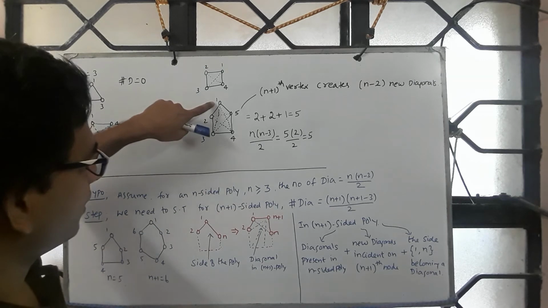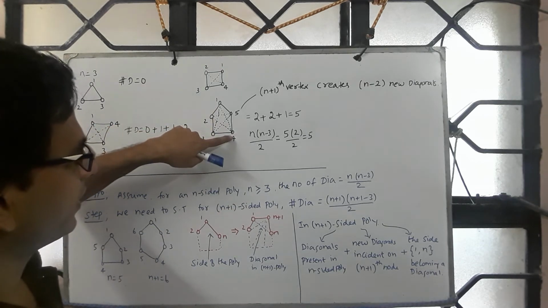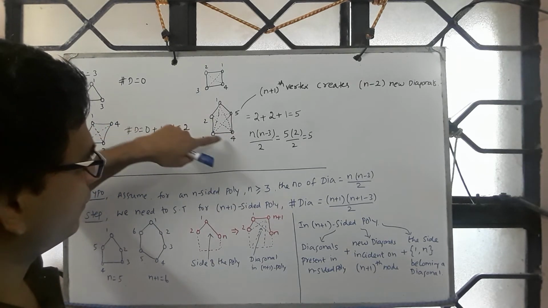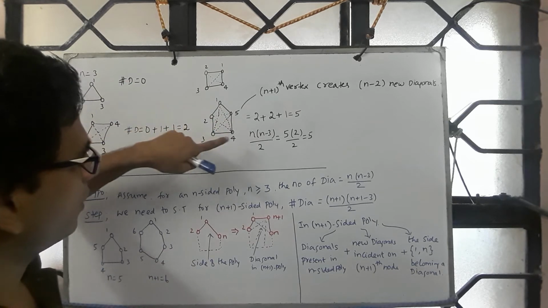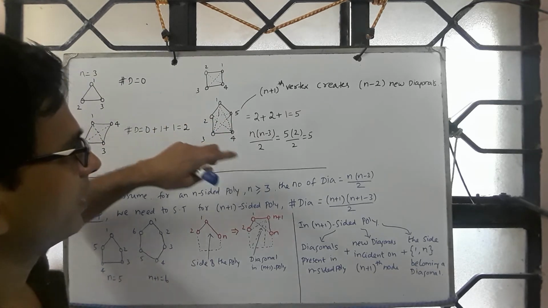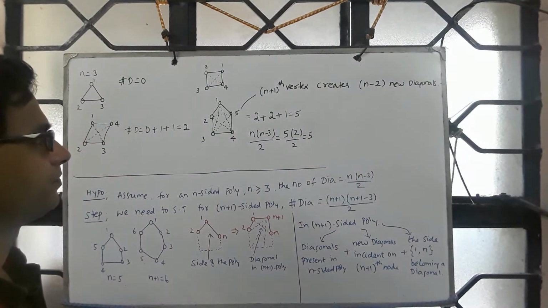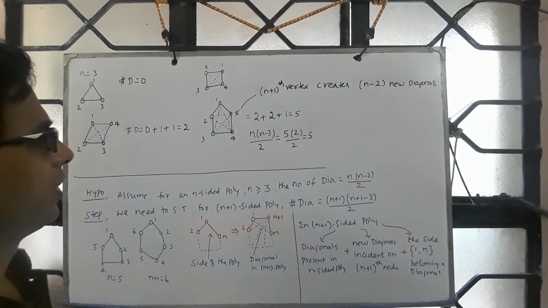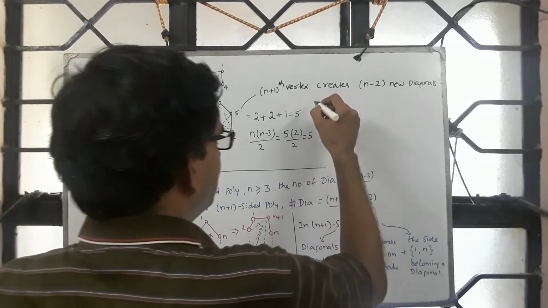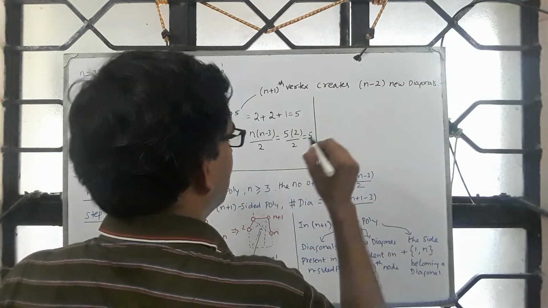With 1 it will not create, with n it will not create. So there are n of them. In n, take 2 out, you get n minus 2. It will create n minus 2 new diagonals. Correct?